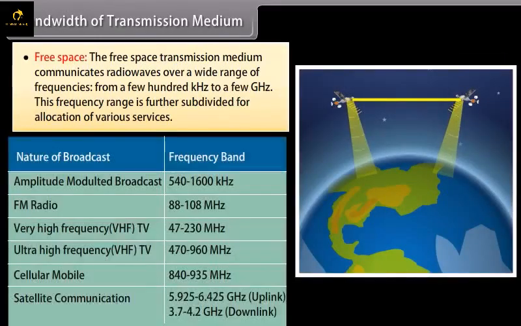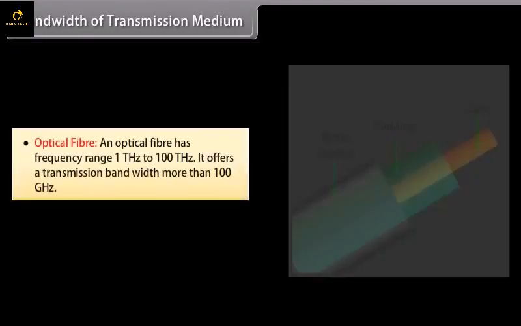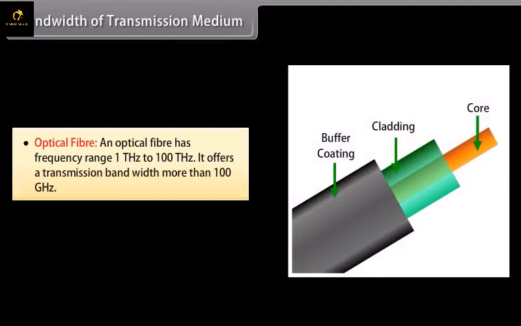The free space transmission medium communicates radio waves over wide range of frequencies from a few hundred kHz to a few GHz. This frequency range is further subdivided for allocation of various services. Optical fiber. An optical fiber has frequency range 1 THz to 200 THz. It offers a transmission bandwidth more than 100 GHz.